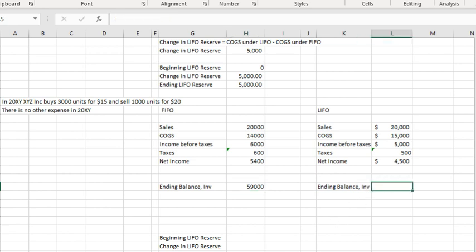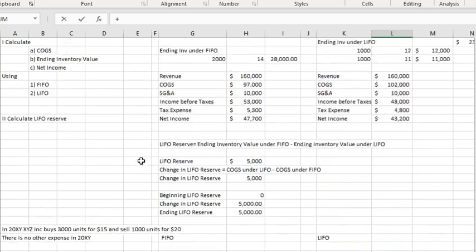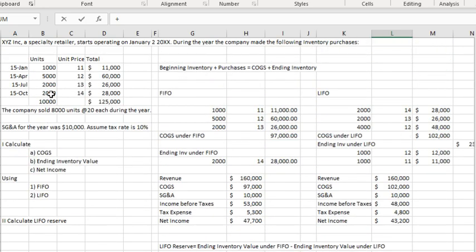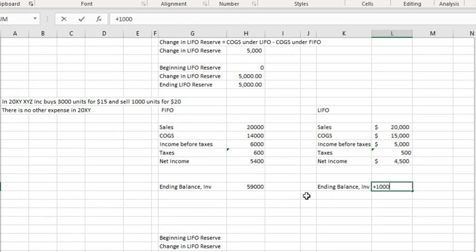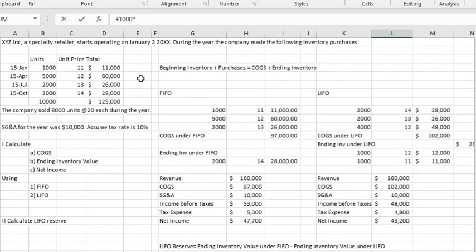Under LIFO, the situation is a bit different. So under FIFO, what we did was we used these units, and what we haven't used is the 1,000 units from the previous year. Remember, we used 4,000 of these, so 1,000 is left.